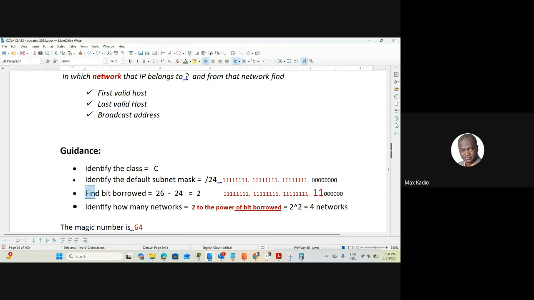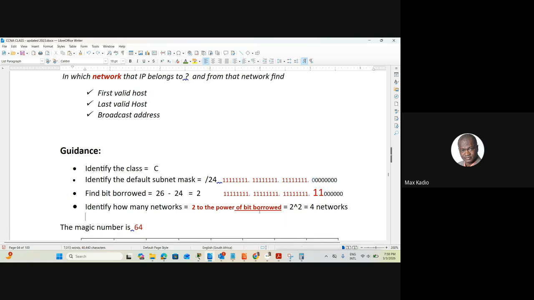So step number 3, find the bits borrowed. Your slash 26 minus your normal 24 is 2. So I had my 24 here and I added 2 more to make it 26. As soon as I borrow something from the host, it means I divided my big room into smaller rooms. How many smaller rooms do I have? Identify how many smaller networks.